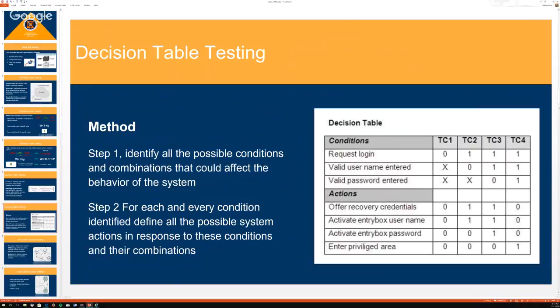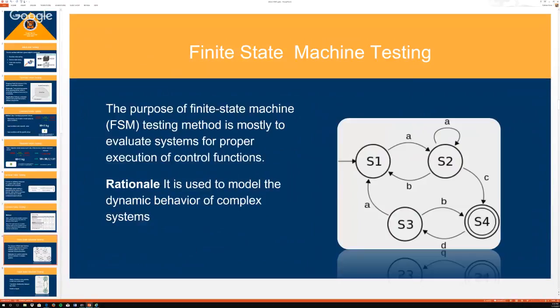Okay. The next method is the finite state machine testing, and this is to evaluate the execution of control functions, and it is used to model dynamic behavior of complex systems. And I have an example here that is not that complex.